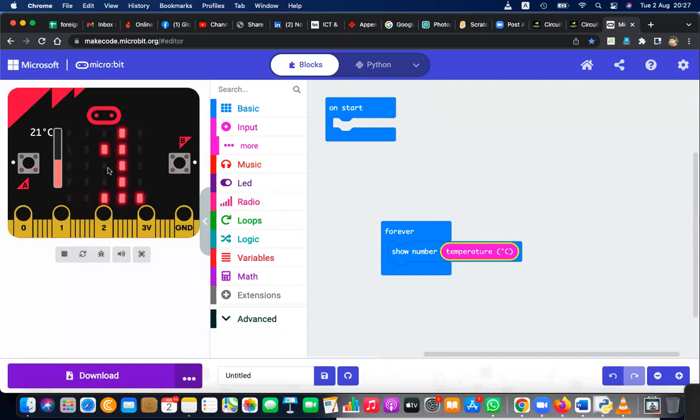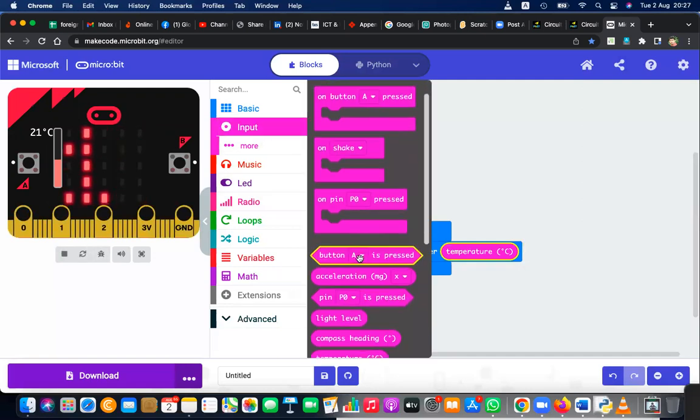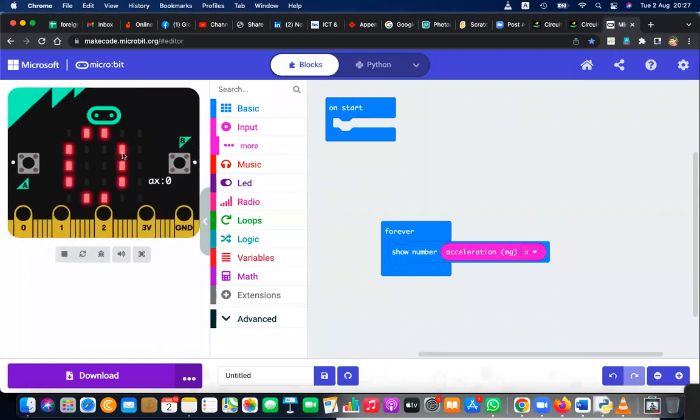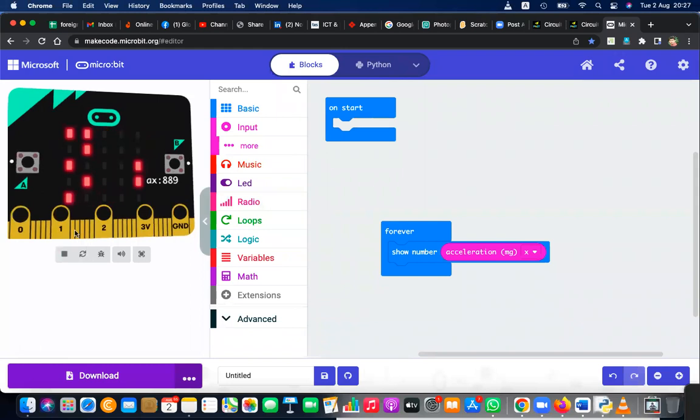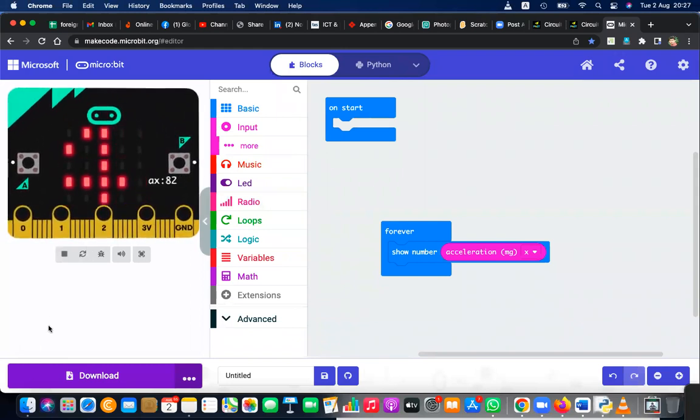It's displaying the temperature. These inputs are from different sensors, right? So it can be acceleration. Then you can actually move this, because otherwise it's harder to see the acceleration.